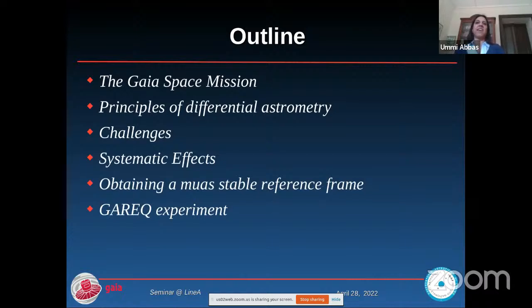So if you want to look at science cases in small fields and see what kind of information you can get out. Then I'll talk about the systematic effects. One of the main things that is necessary for differential astrometry is to obtain a micro-arcsecond stable reference frame. And then I'd like to focus on the Gaia relativistic experiment.